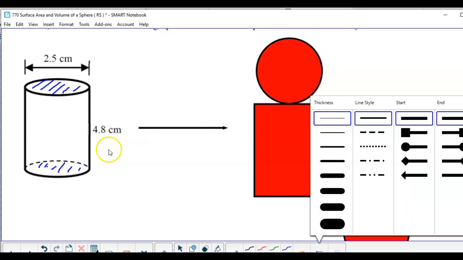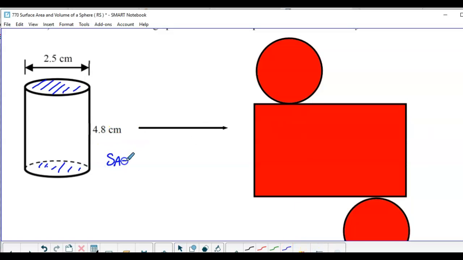So there's 2 circles. So surface area equals 2 times pi r squared, the area of a circle, plus the area of that rectangle. Well, what is the area of the rectangle? This length here is actually the circumference of the circle.